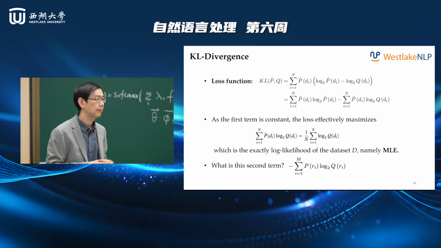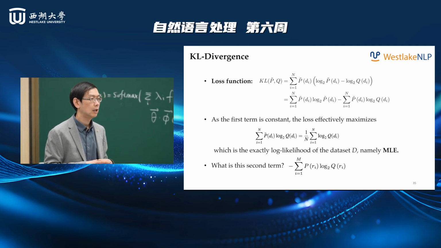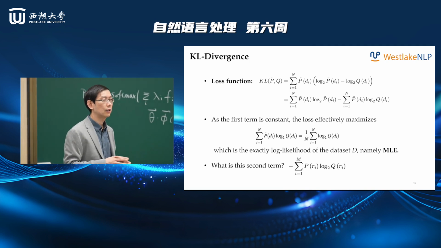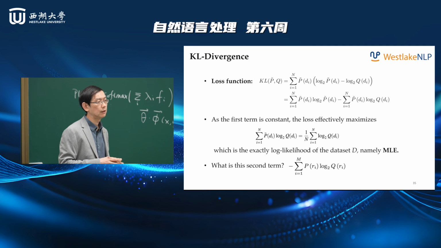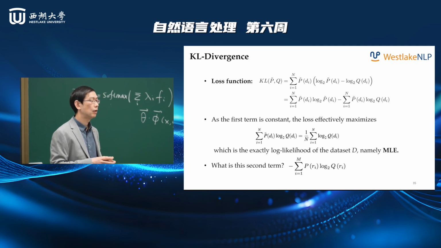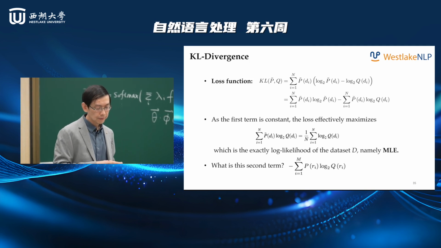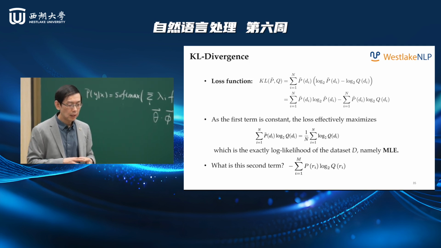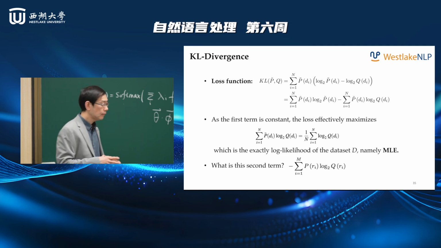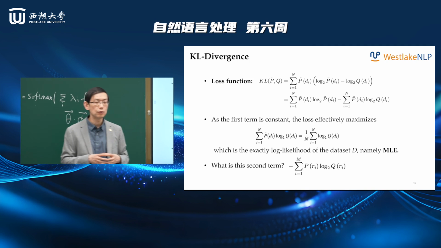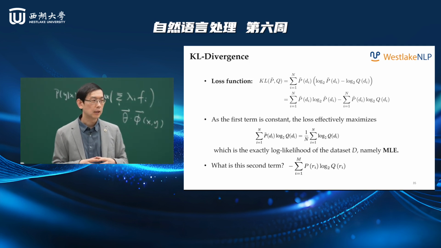What is this? This is the log likelihood of my data, right? So the sum of the log probability of every data instance is the maximum likelihood. So I'm saying that minimizing KL divergence is equal to maximizing log likelihood.